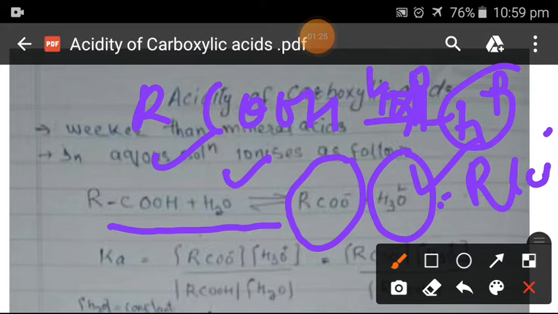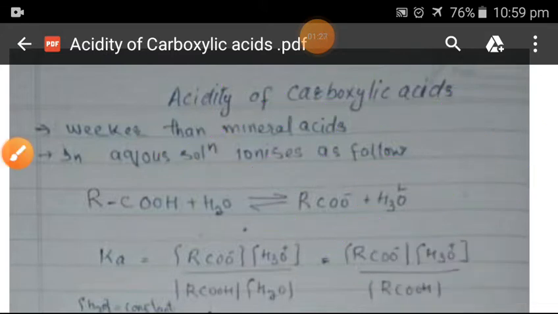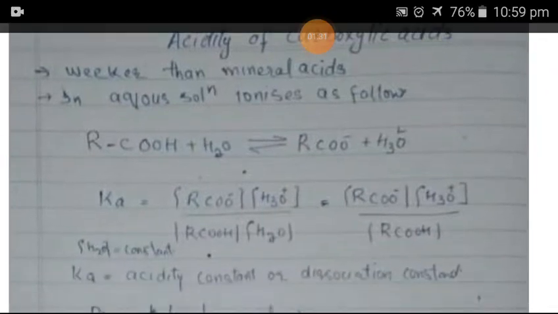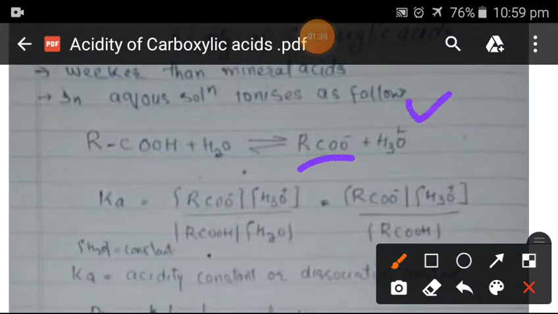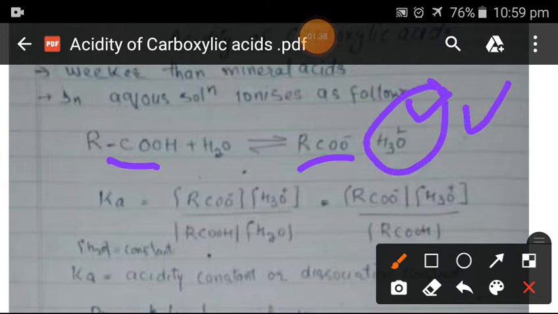Clear? So this is how the ionization of the carboxylic acid leads to the formation of the carboxylate anion and a proton. An acid is a substance which gives a proton in the solution, so that is why it acts as an acid.